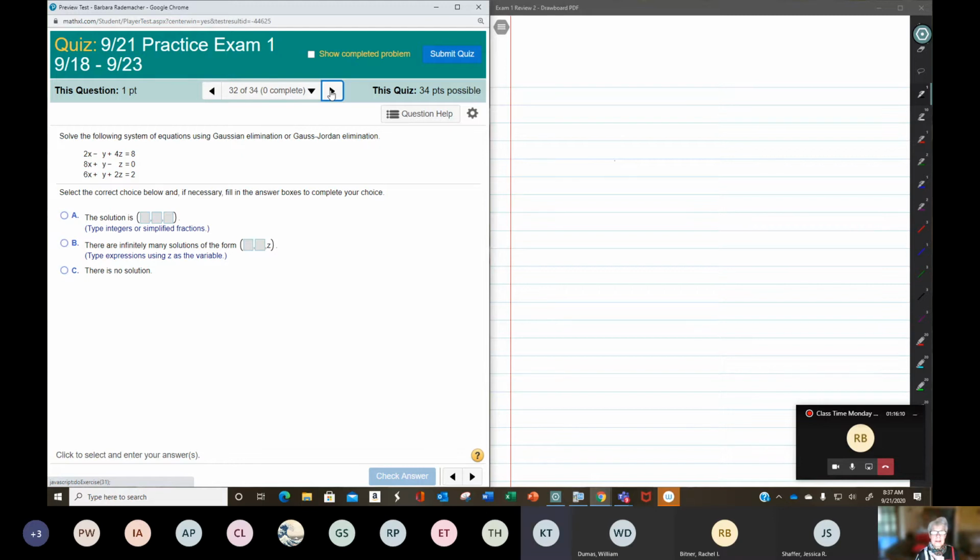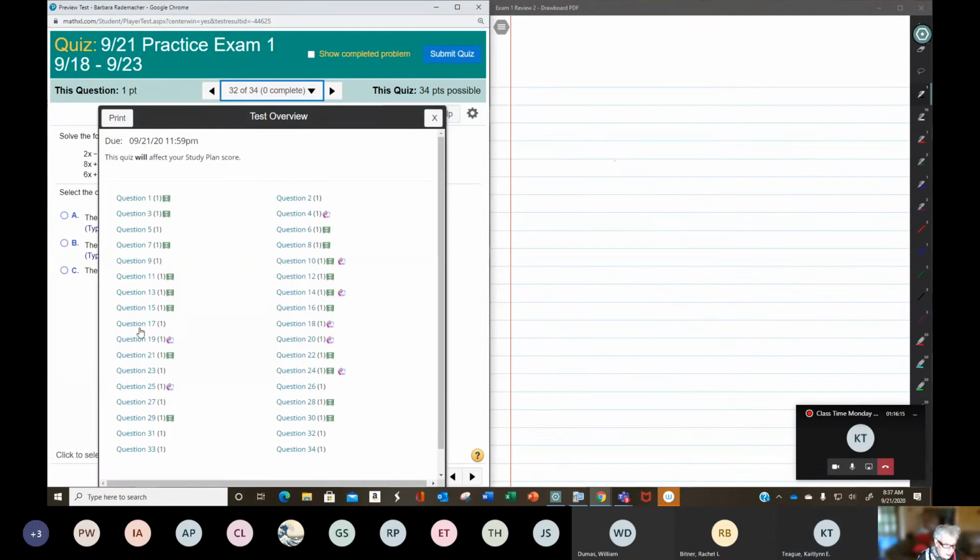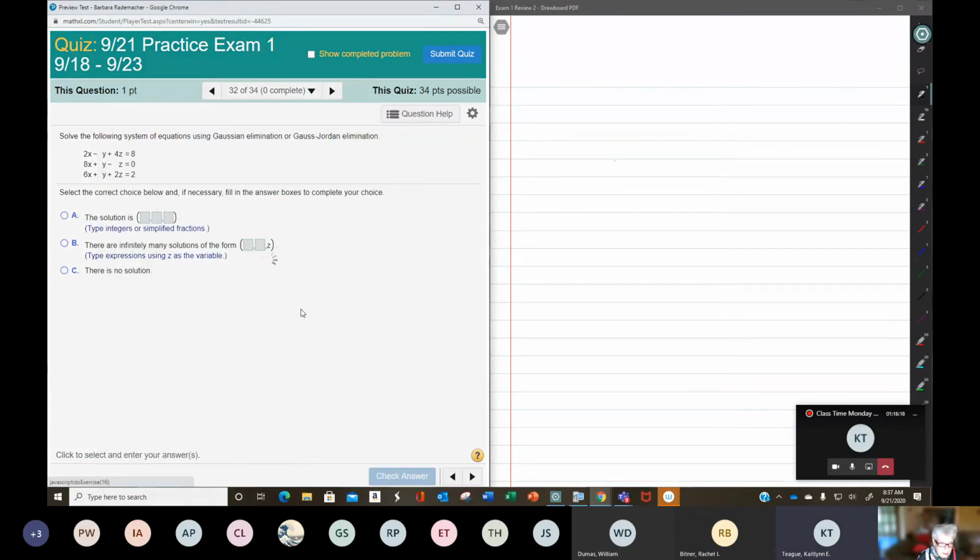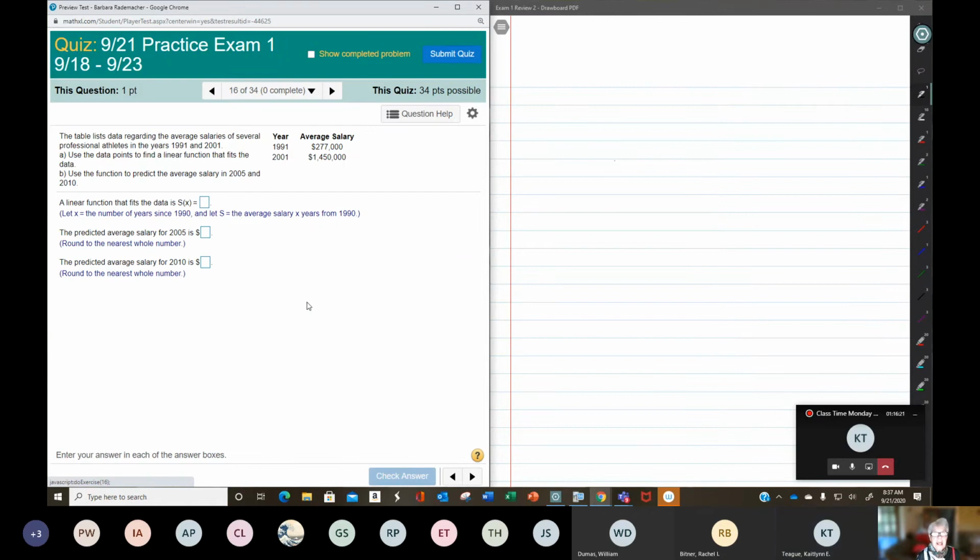Can we do 16? Sure. I hate this problem, again, because I make arithmetic mistakes. Okay, the table over here says, this table lists data regarding the average salaries of several professional athletes in the years 1991 to 2001.